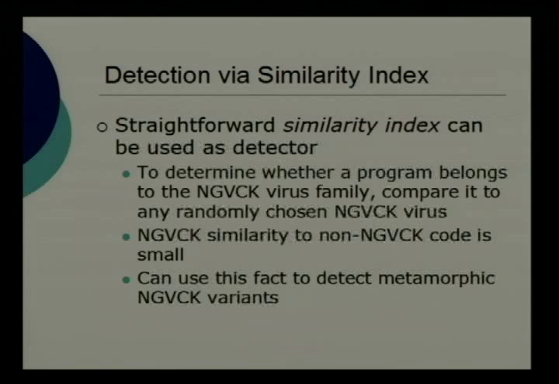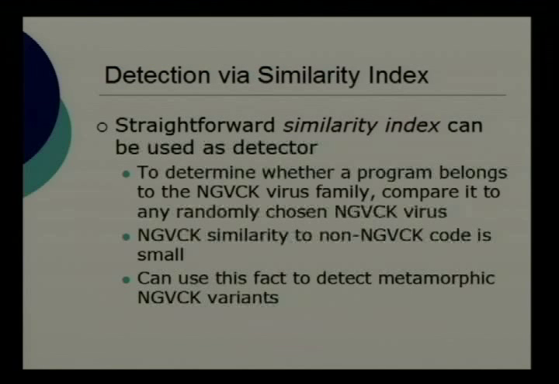Most of the time, you would expect to find 0 similarity because it's very different, and most of the time we did find 0. If it has 0 similarity, we can immediately conclude it's not an NVIC virus. But if program A has some similarity to the chosen NVIC virus, what do we do? We pick that NVIC virus and compare it to 20 other NVIC viruses to see its average similarity to the other viruses in the same family.